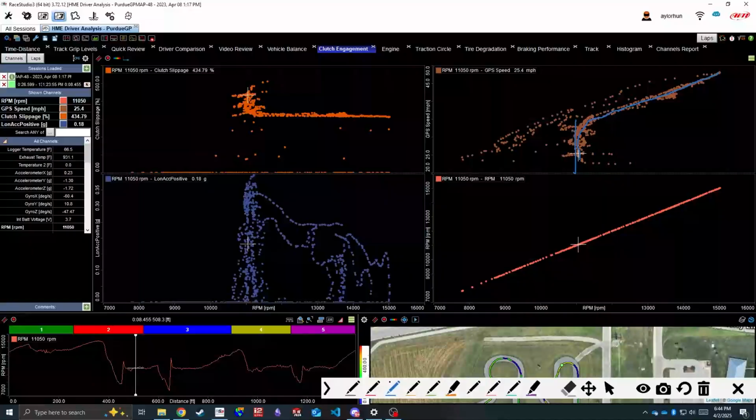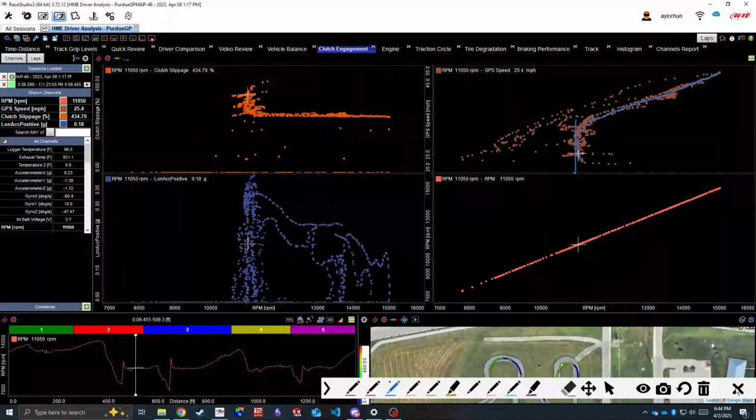we find a lower bound, as described here, or an asymptote. And so what this is going to tell us is that the lower bound for what our clutch engagement is set to likely falls along this line. And the engagement range that we are experiencing is going to be bounded by this cluster of points.